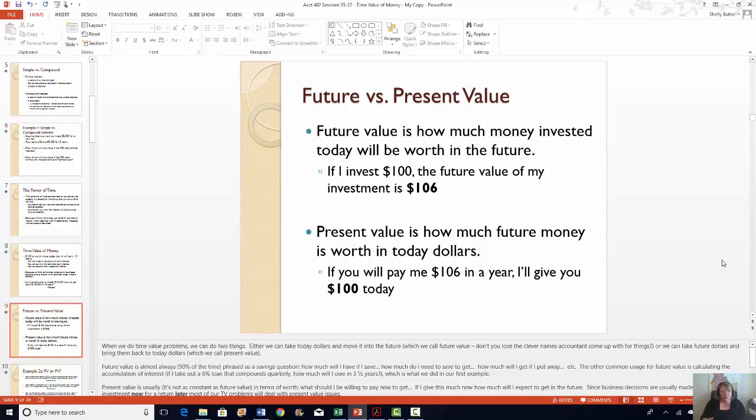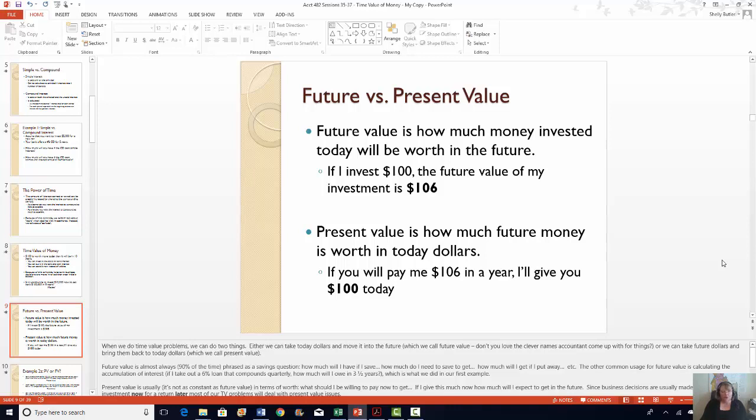And what is that future money going to be worth in today's dollars? So future value is usually a saving thing. If you're saving money, how much money will that be in the future? But present value is typically what a business will want to know when they're making their decisions.